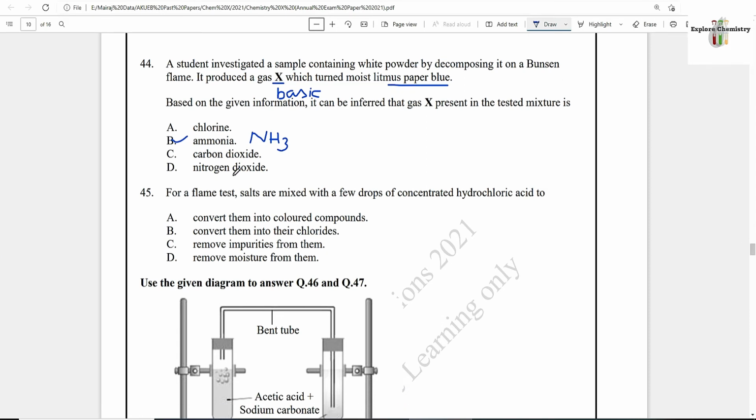Carbon dioxide and nitrogen dioxide are oxides of non-metals, and oxides of non-metals are always acidic in nature, not basic. So here the only basic gas is NH3, ammonia.